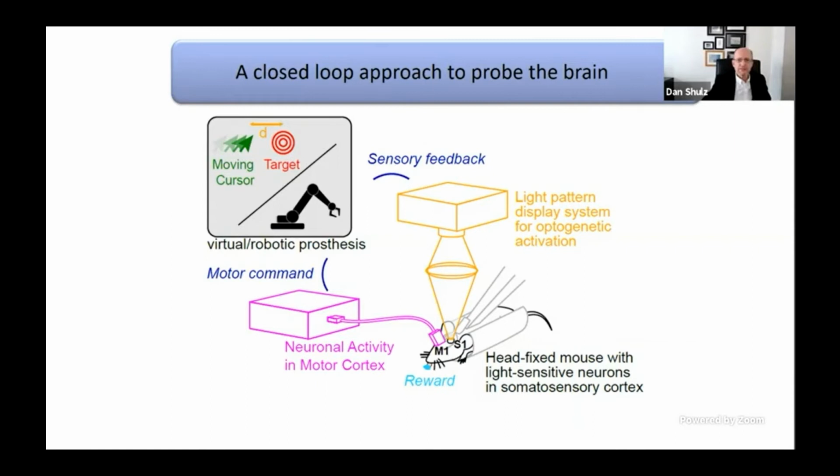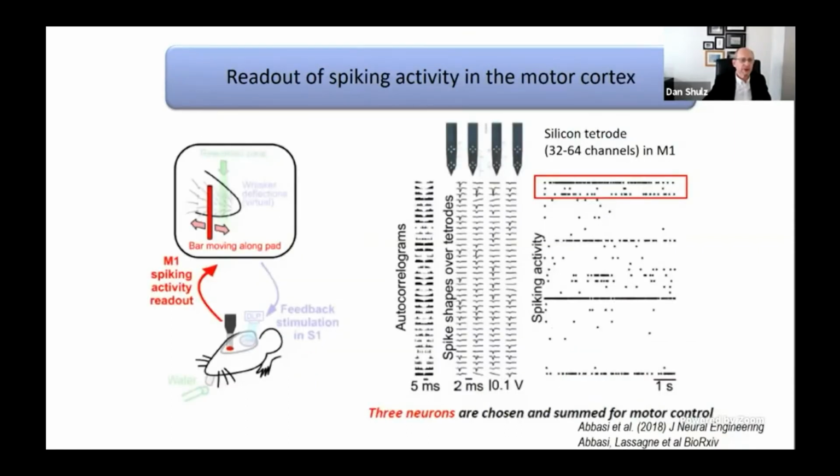For the recordings of spiking activity in motor cortex, we use silicon tetrodes, and so we have many tens of neurons recorded simultaneously. We have a way of doing spike sorting online, with a very small delay of a few milliseconds, and then we can choose out of these many neurons recorded simultaneously.